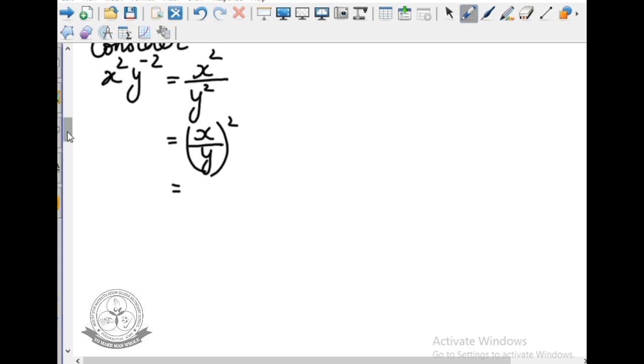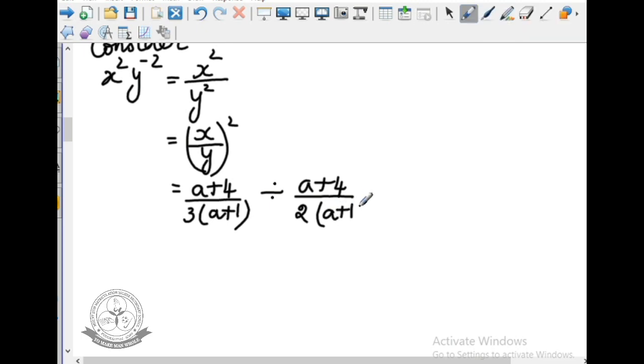So for x, the answer is a plus 4 divided by 3 into a plus 1, whole divided by, next, the y value, a plus 4 divided by 2 into a plus 1, the whole thing raised to the power 2.